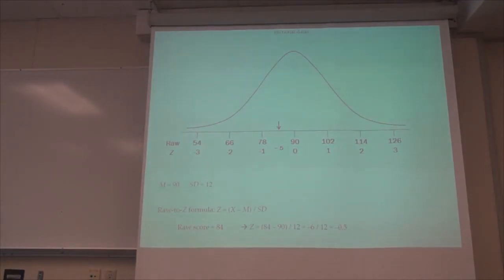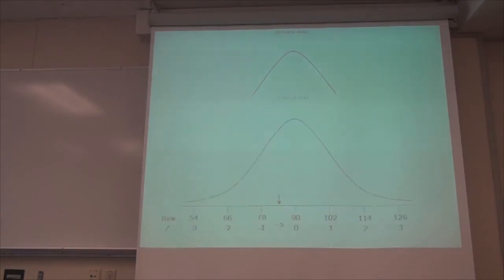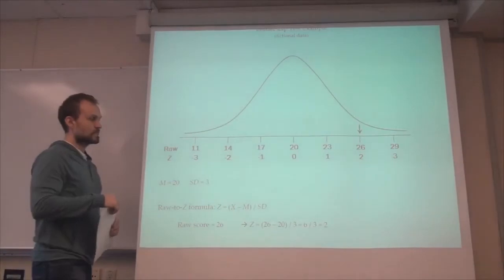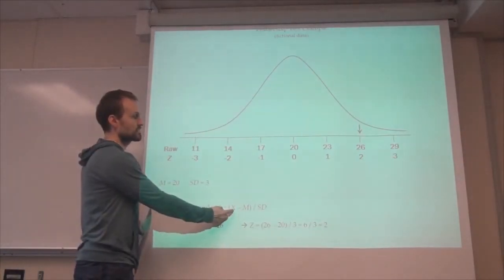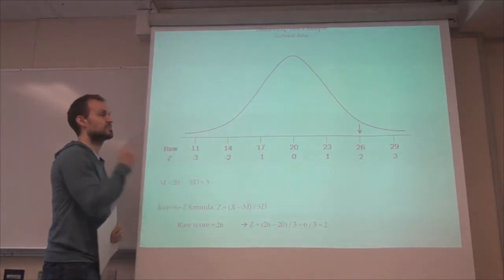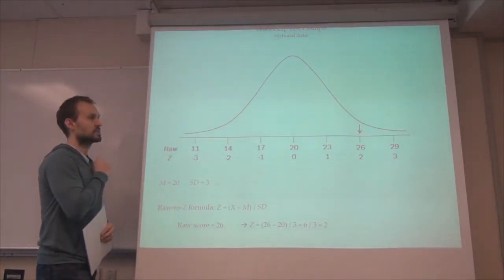If I look at the previous example, the leadership one, I was working with a mean of 20, and I had a score of 26. So I take 26 as my actual score minus the mean of 20. That puts me at a distance of 6.